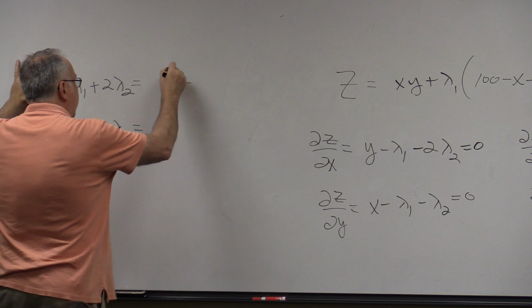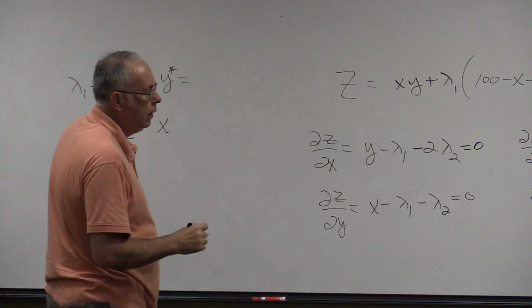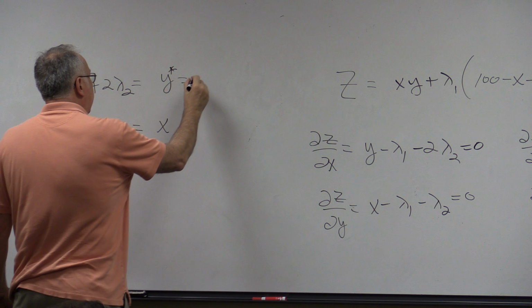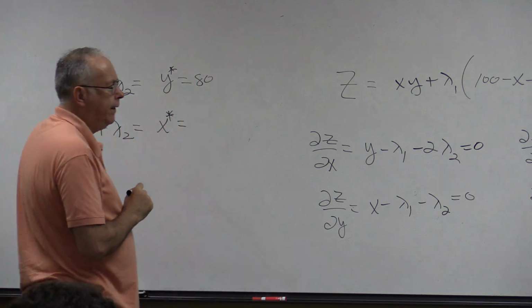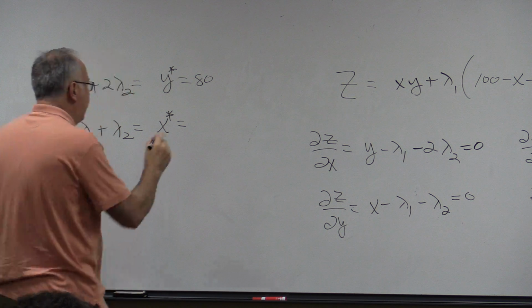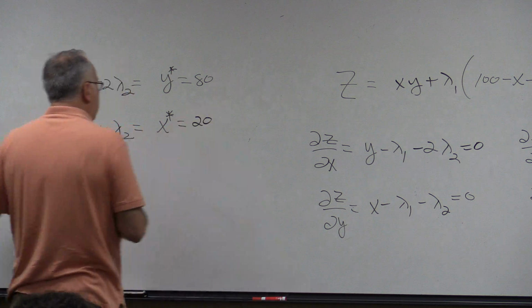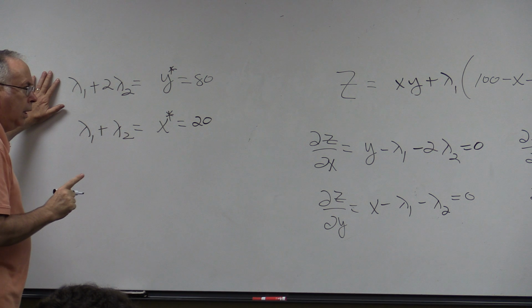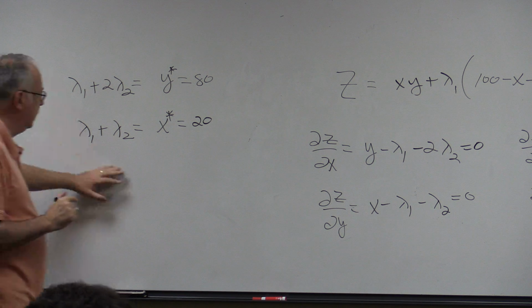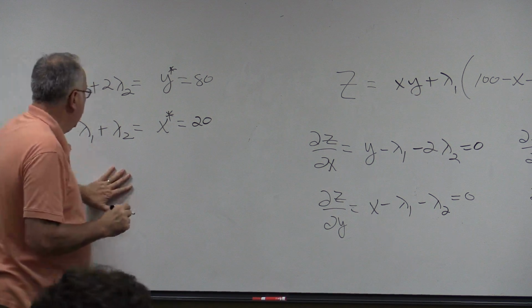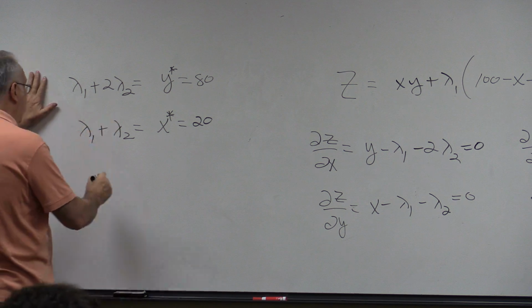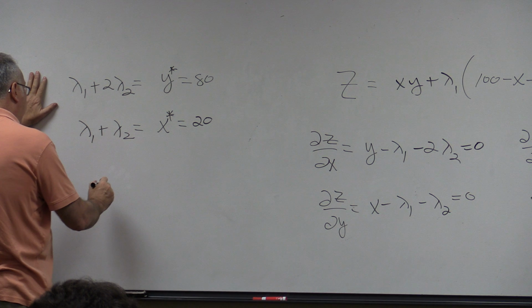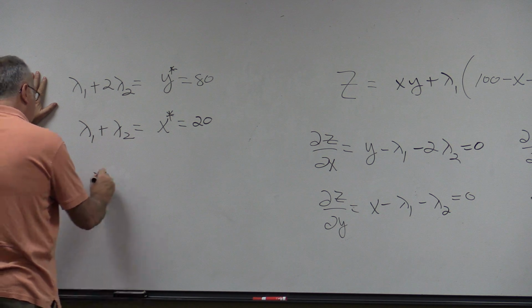And let's see, what did we get for y just a minute ago? We got this y star was 80. X star we found was 20. Okay, all right, so let's go back to this. Let's use Cramer's rule here. So we're solving for lambda 1 star.